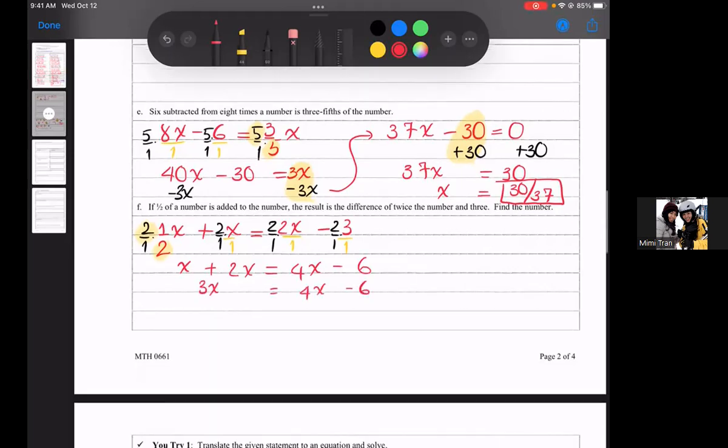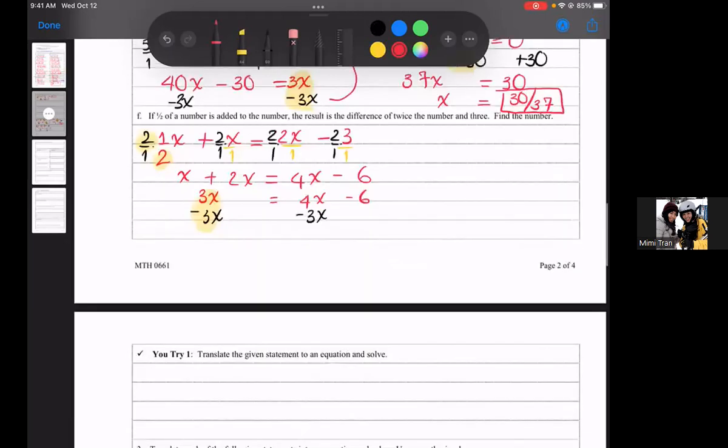I want my x to be positive, so I'm going to subtract 3x. You can subtract 4x, doesn't matter. It's gone. 0 there. It's x minus 6. Yes, 6. X equals 6.